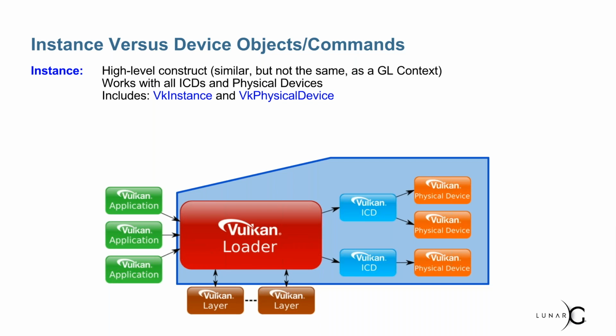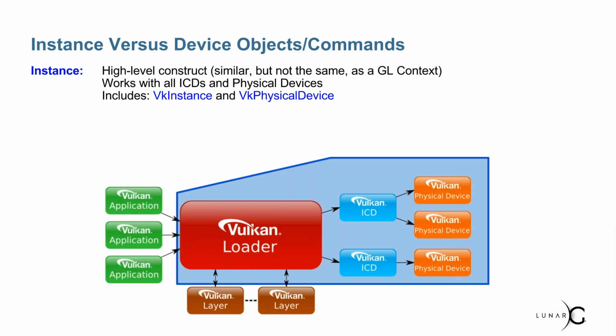An important concept that you have to know about the loader and Vulkan is that there are instance level objects and commands and there are device level objects and commands. When we say instance level commands, we're talking about high level. Something at the instance level has to think about what all ICDs and all physical devices are going to do.